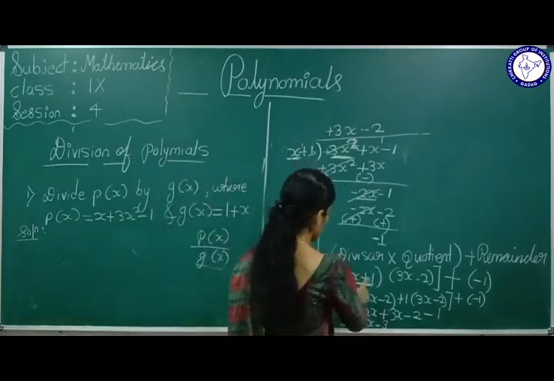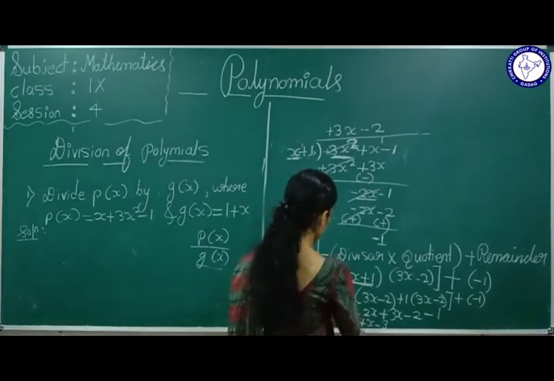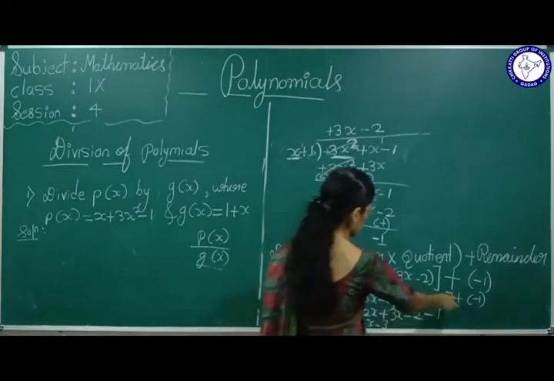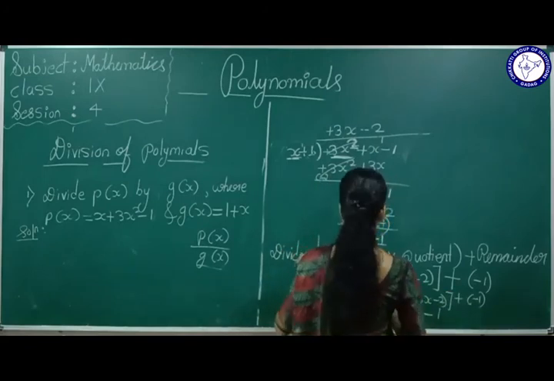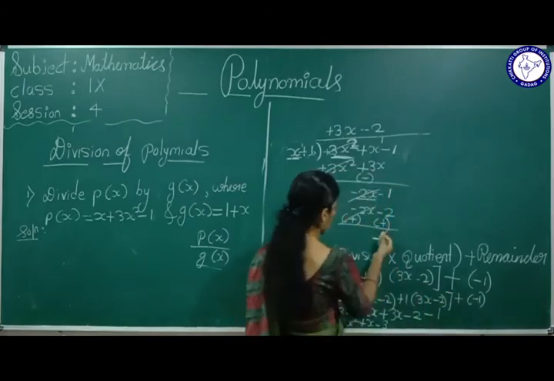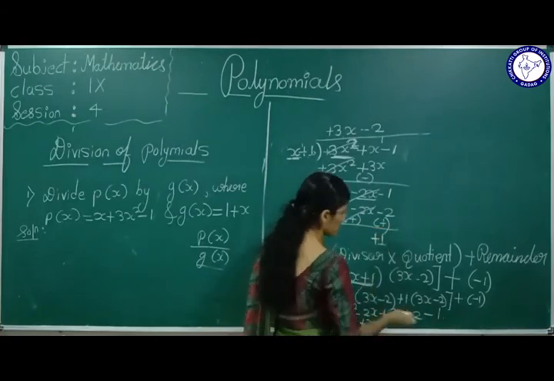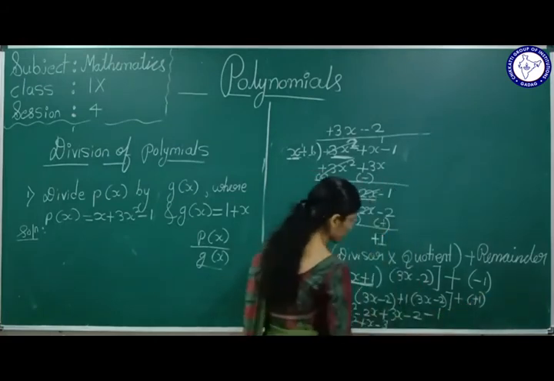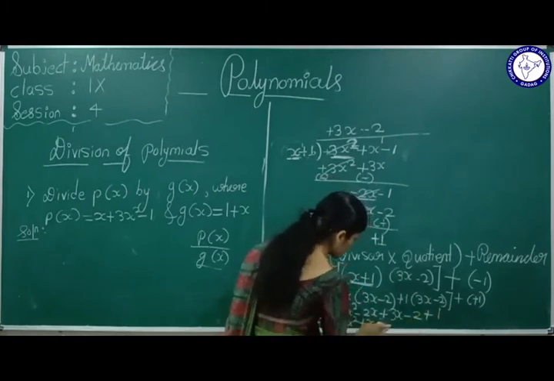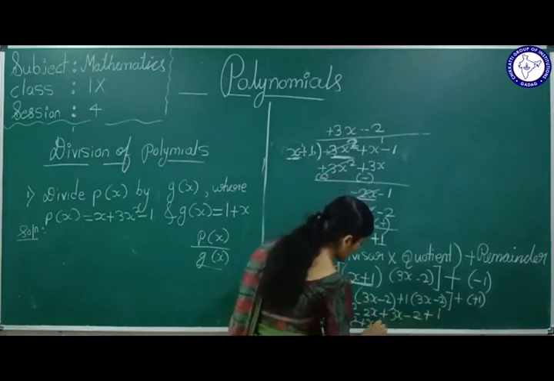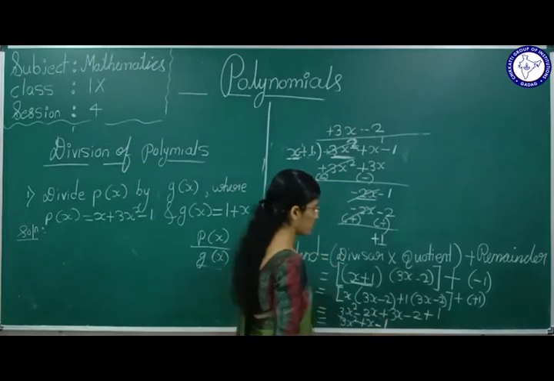Okay, see, once again you check it. Here we got the remainder is plus 1. Now, minus 2 plus 1 is minus 1.